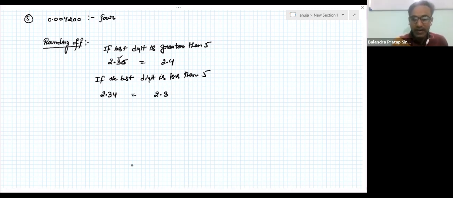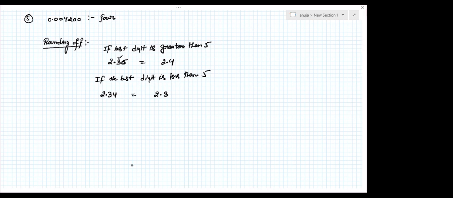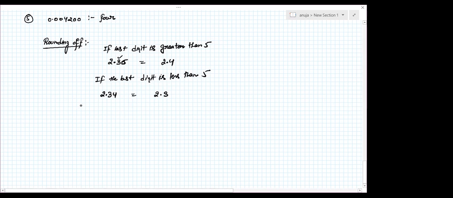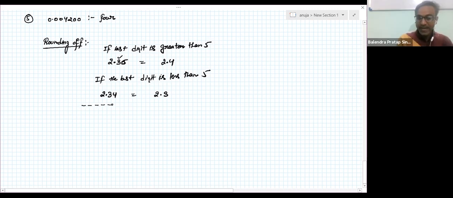There is no change in the second last digit if the last digit is less than 5. Any confusion now? No, sir. Now the confusion which comes is when the number is exactly 5. What happens when the last digit is exactly 5?